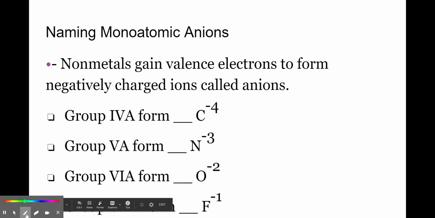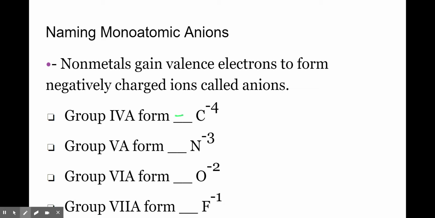So then we have the anions that are going to form. Nonmetals, so on the right side of the periodic table, gain valence electrons to form negatively charged ions called anions. Group 4A is going to form negative 4. Group 5A is going to form negative 3 ions. The example is N, nitrogen, negative 3.